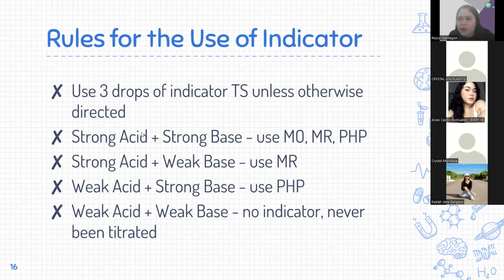Okay, so how do we know if it is a strong acid or a strong base? Most likely, class, the strong acids and the strong bases are inorganic acids and bases, meaning they don't have carbons in their structure, just like our example, hydrochloric acid and sodium hydroxide for the base. Okay, now your weak acids and weak bases natin, most of them are organic.